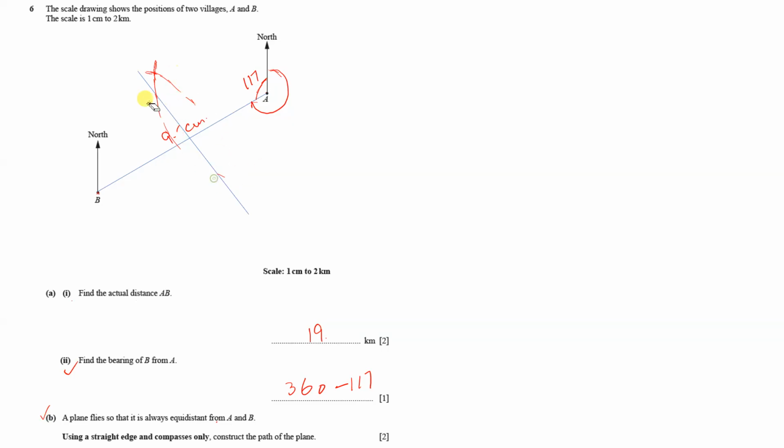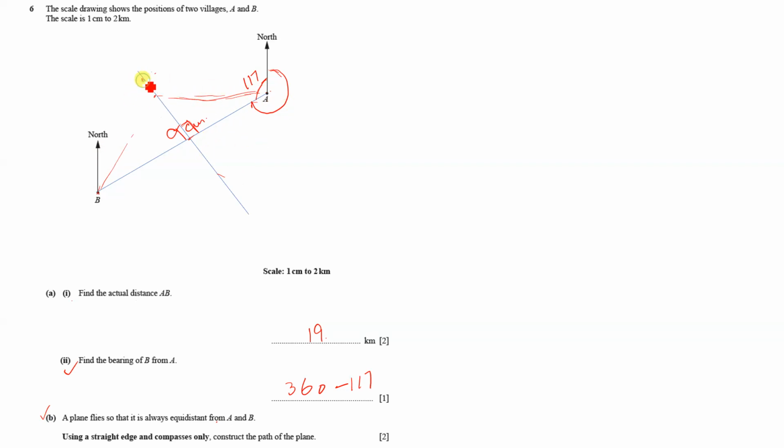So that would be perpendicular bisector. That is, it bisects this distance at 90 degrees. Any point from here to here, the distance is always the same.